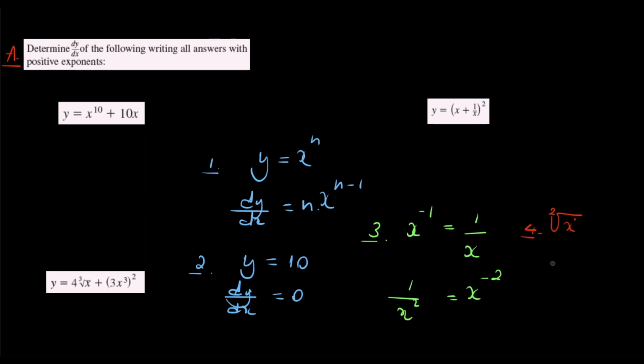And this can also be converted as x, and then what's on the inside goes at the top, and what's on the outside goes at the bottom. For example, if we're given a cube root of x to the 4, this can be written as x to the power of inside over outside, which would be 4 over 3. So really we'll be using all these 4 continuously throughout and interchangeably.